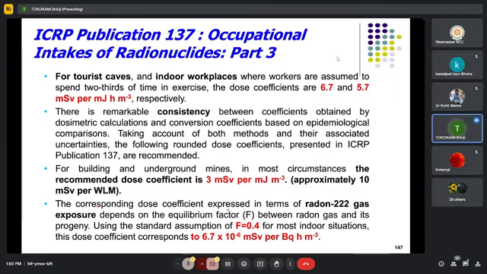The corresponding dose coefficient expressed in terms of radon-222 gas exposure depends on the equilibrium factor between radon gas and its progeny. Using the standard assumption of an equilibrium factor of 0.4 for most indoor situations, this dose coefficient corresponds to 6.7 times 10 to the minus 6 millisievert per becquerel hour per cubic meter.